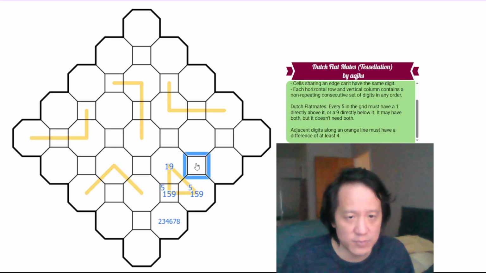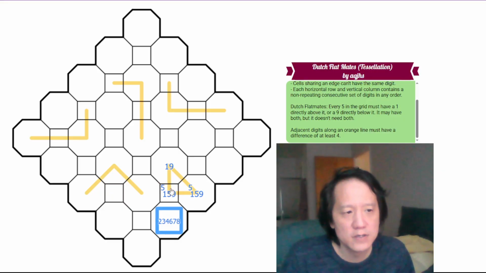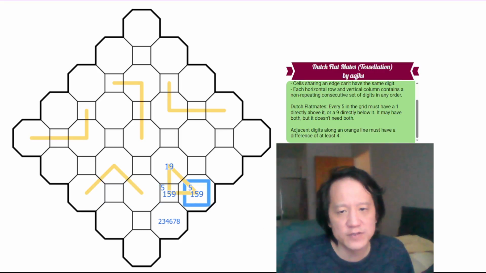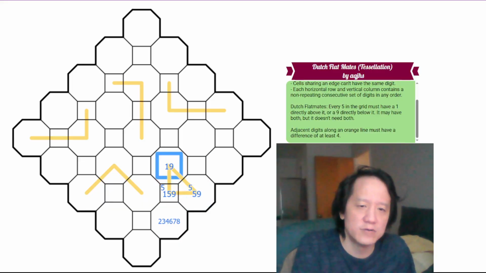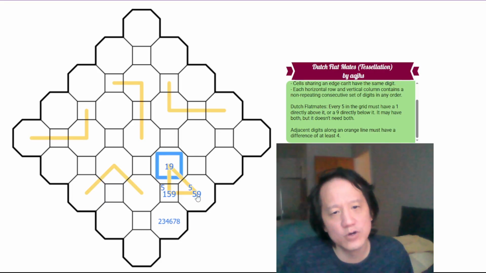If this is 5, this has to be 1. So if this is 5, it has to be a 1 to have a 1 above it. You can't have a 9 below it. And if this is 5 and 1, this is 9. So if this is 5, this has to be 9. This is 1. 5, 1, 9.